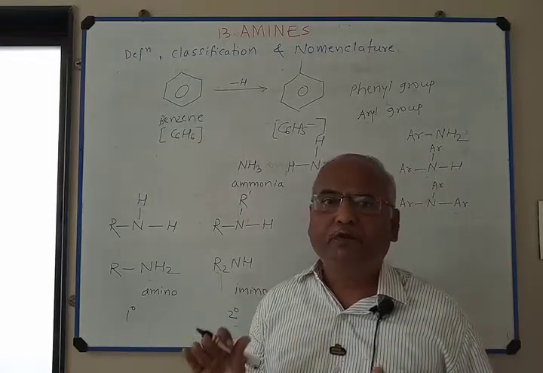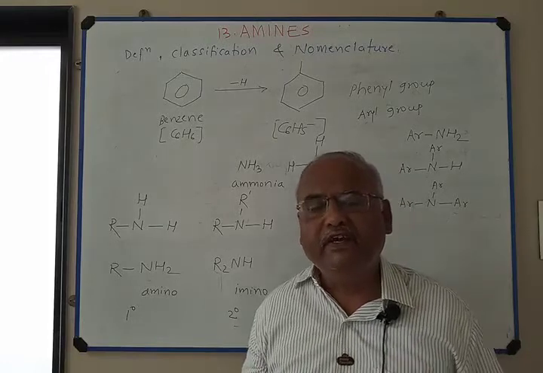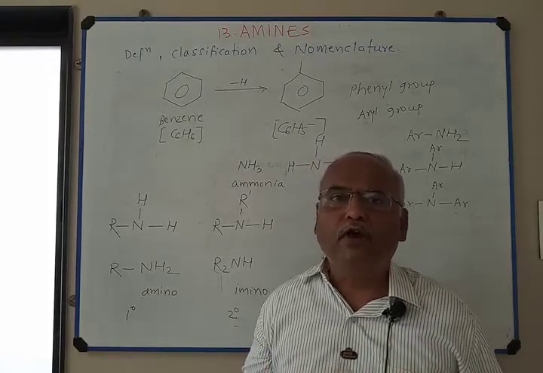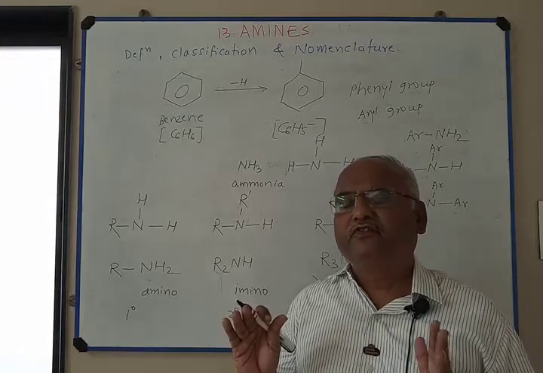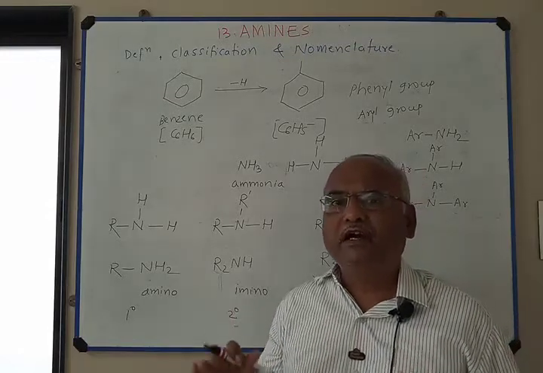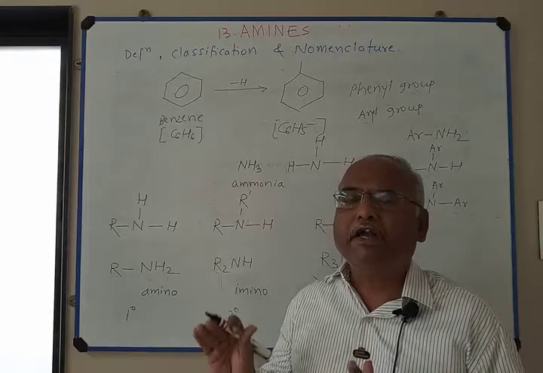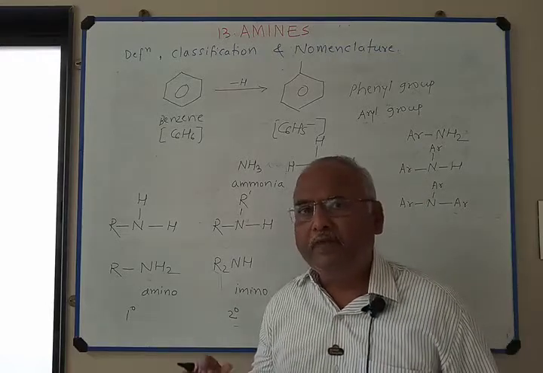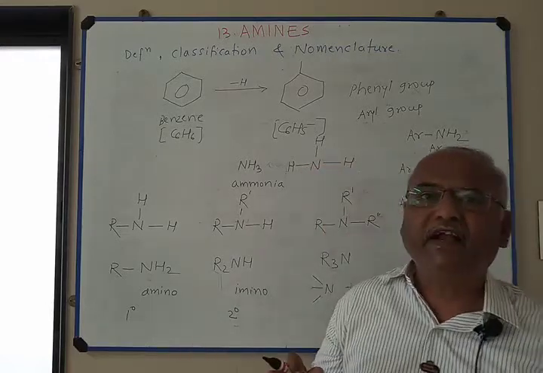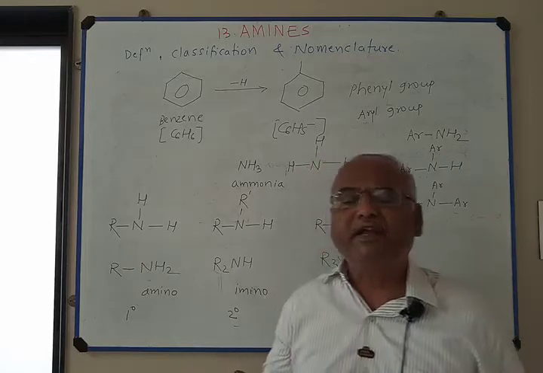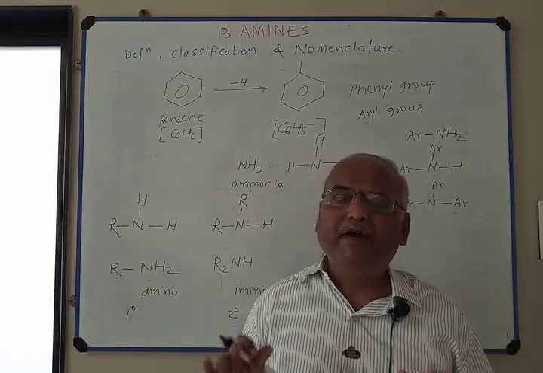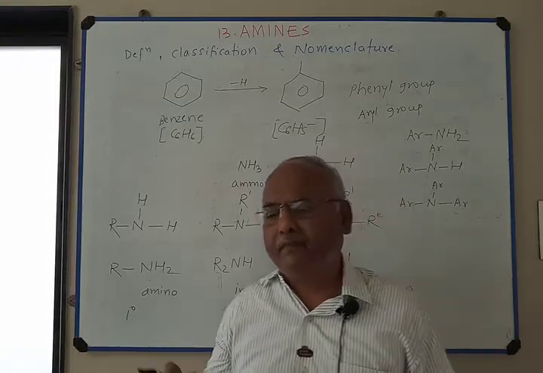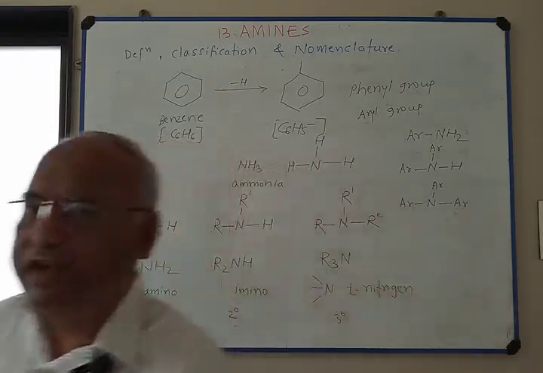They are obtained by replacing one or more hydrogen atoms of ammonia by same or different alkyl or aryl groups. So remember, amines are classified as aliphatic amine and aromatic amine, and primary amine, secondary amine and tertiary amine.